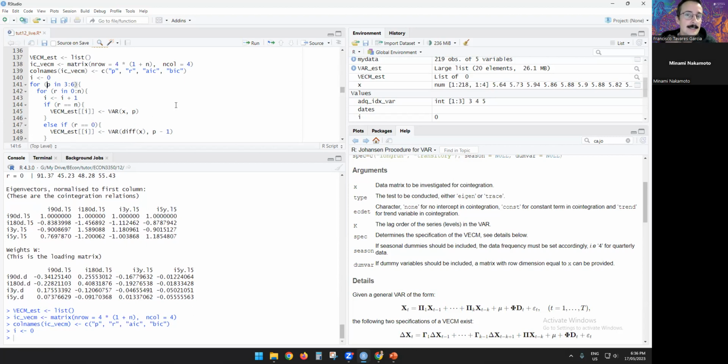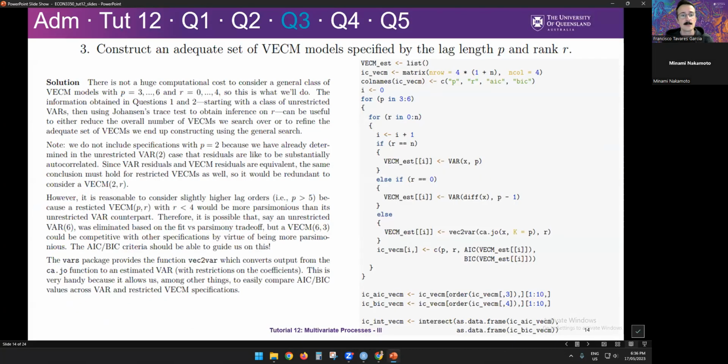In this case, we're not considering VECM with 2 lags anymore, because we have rejected the residuals for var2. In the same way that we rejected the residuals for var2, it's equivalent to rejecting VECM with 2 lags too. You can deal with them the same way.